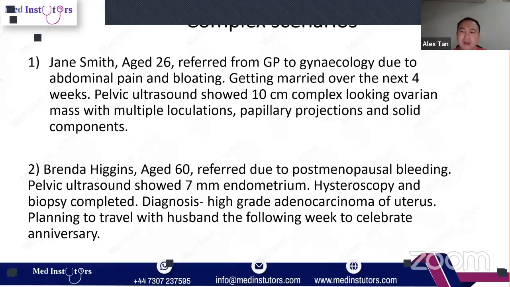What do you mean, doctor? The results of your camera test: when we did your camera test, we took some tissue samples to rule out any sinister cause. Unfortunately, it has come back to show that you've got cancer of the uterus, of the womb. Oh dear. Well, are you sure about it?